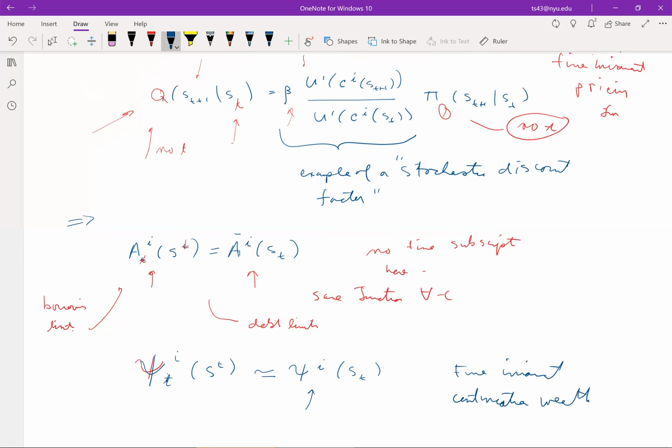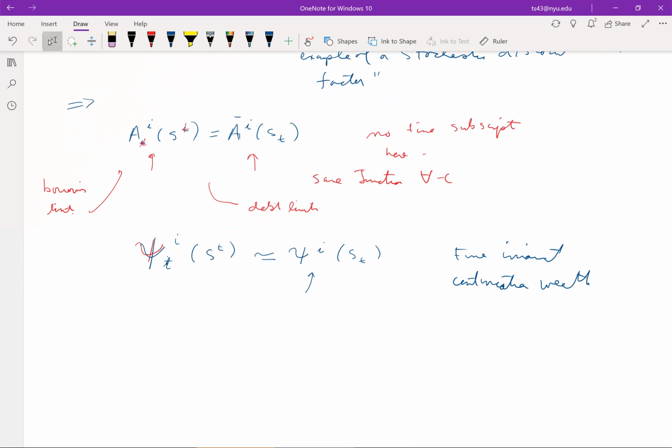So what we've done by specifying a Markov S_t process is we've eliminated lots of time dependence.